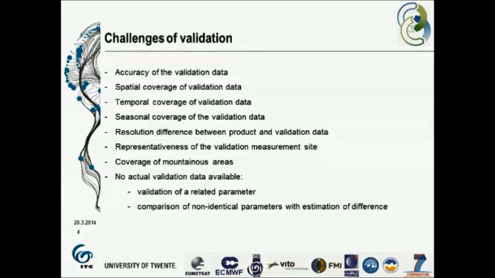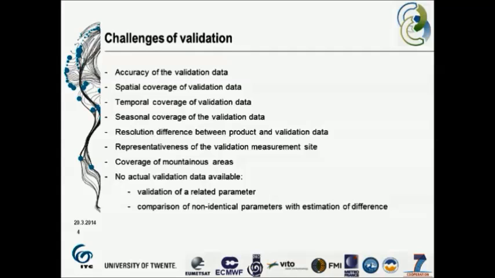So can we compare these two without difficulties, and what kind of difficulties do we actually mean when we compare them? Then there is the trouble of representativeness of the validation measurements. We validate in a limited number of places. So do we cover all land cover classes, for example, or do we have just a biased subset?